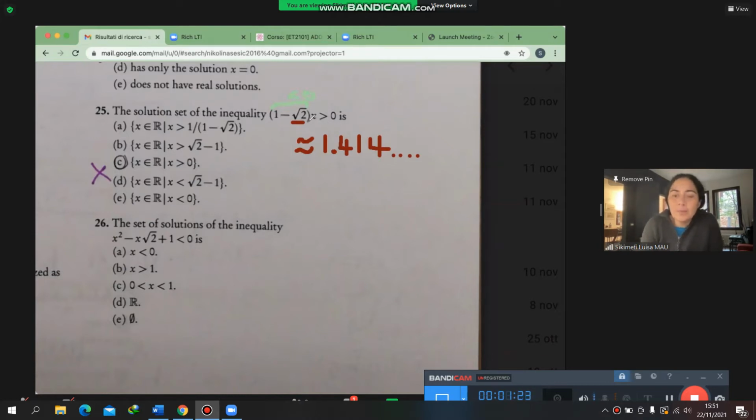And so I have this negative number times x, and I want it to be positive. So that means that x is going to have to be negative, so it's less than 0.